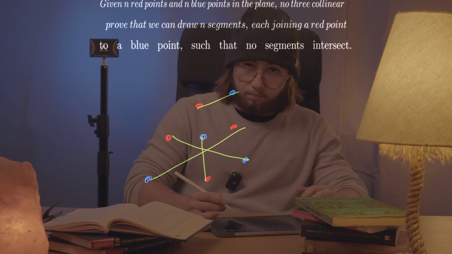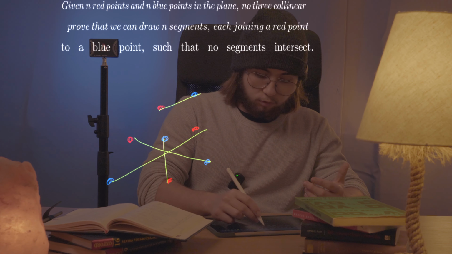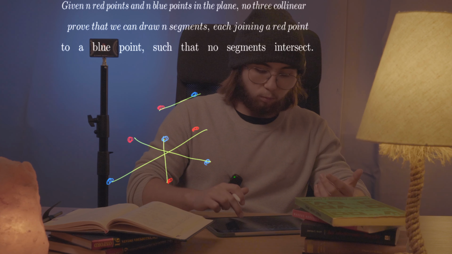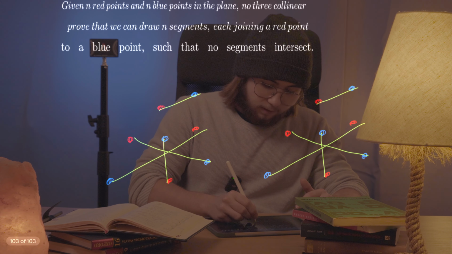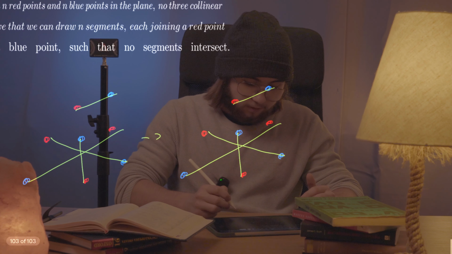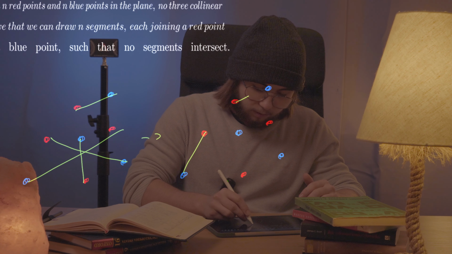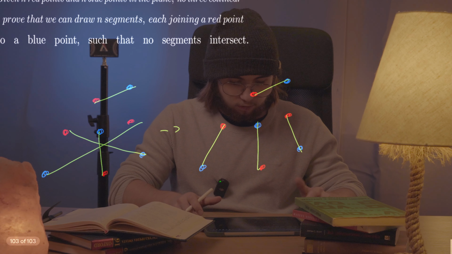Then this algorithm will be able to take those segments that cross each other and just uncross them in such a way that all of the points still have a partner that they are connected to. So we will be at, let's say, this kind of a position of those segments in the plane.